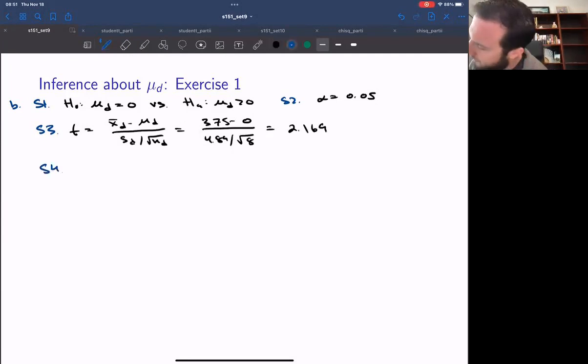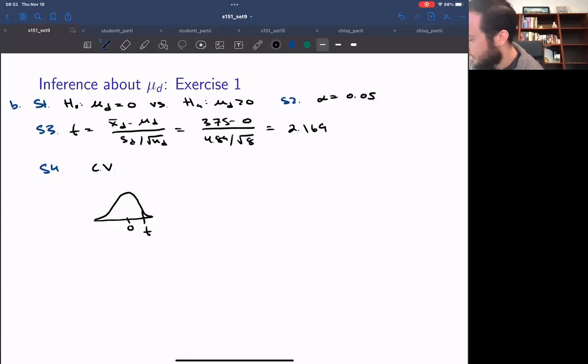All right. Okay, so then on step 4, we can take our critical value approach or the p-value approach. If we take the critical value approach, we're going to have a t on 0.05 and 7.